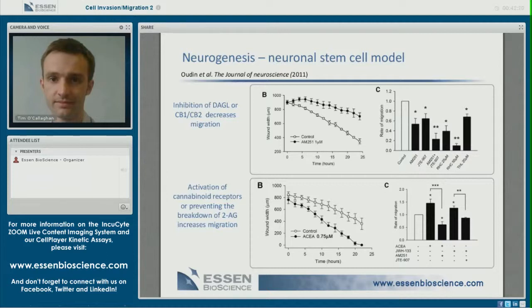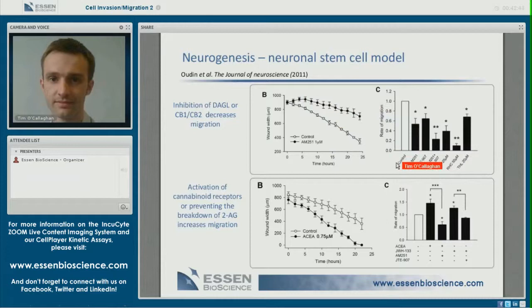The team investigated neural stem cell migration in the presence of endocannabinoid inhibitors, and showed that inhibition of cannabinoid receptor 1 using compound AM251 inhibited the rate of migration compared to control.